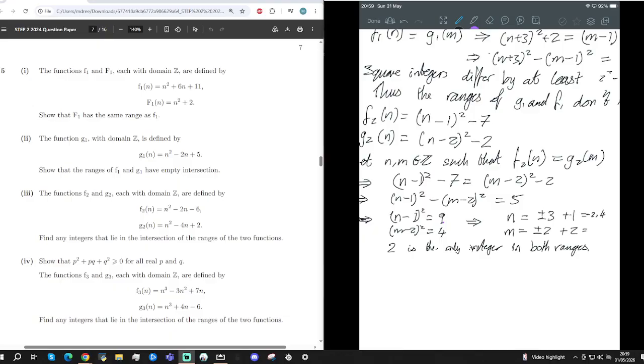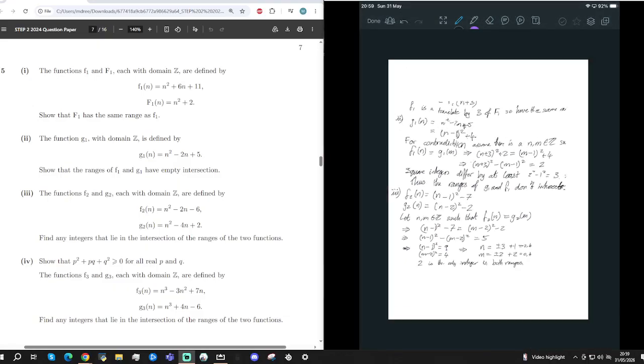If I sub 4 in, I do get a solution of 2. And then my m values, if I want to be complete, would have been 0 and 4. If I sub 0 in, I certainly get the output of G2 being 2. And if I sub 4 in, the same again. So 2 is the only integer in both ranges. I've done the little mental checks to check that I do get 2 in both of those cases.